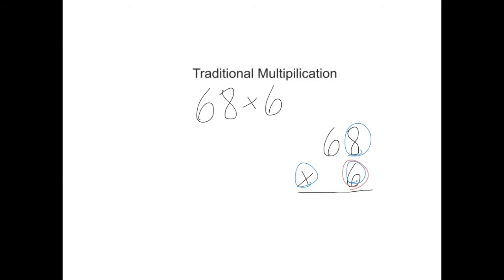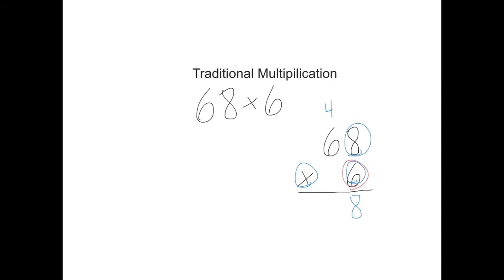So 6 times 8 is 48. I'm going to record my ones place at the bottom and carry the tens to the tens column. Think to yourself, what do I do next? 6 times 6.